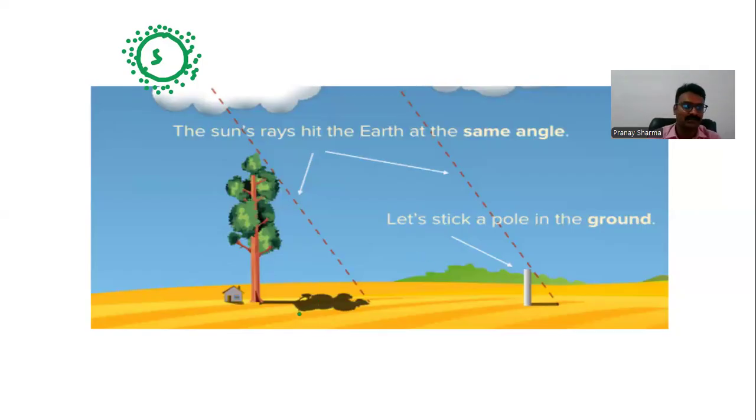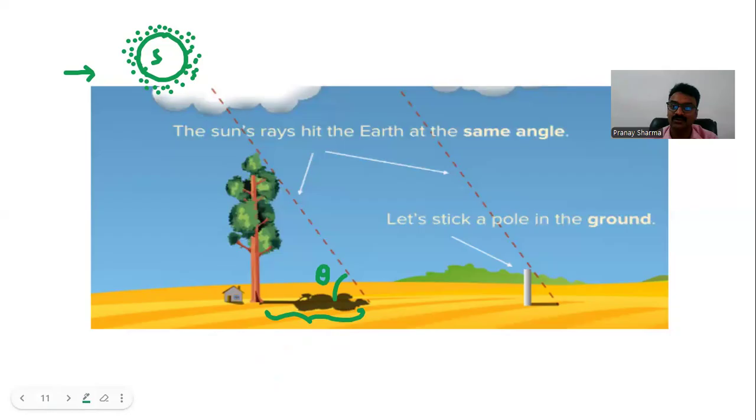Because of these sun rays, this shadow is being formed because the sun is somewhere here, at this location. If we calculate the shadow length, and if we know exactly what the shadow length is, and if we know this angle, let us say this angle is theta, then it is very easy for us to calculate the height using trigonometry.